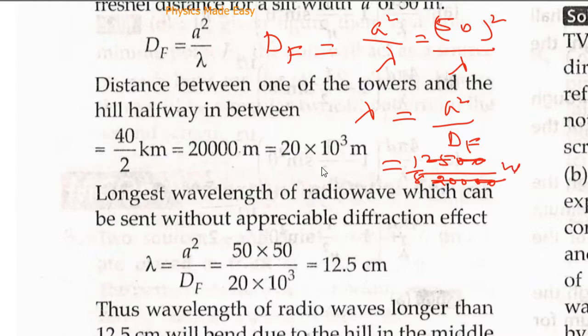1/8 of a meter will just come out to be 100 by 8, which is 12.5 centimeters.